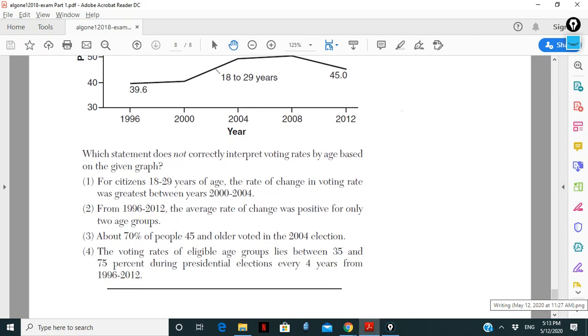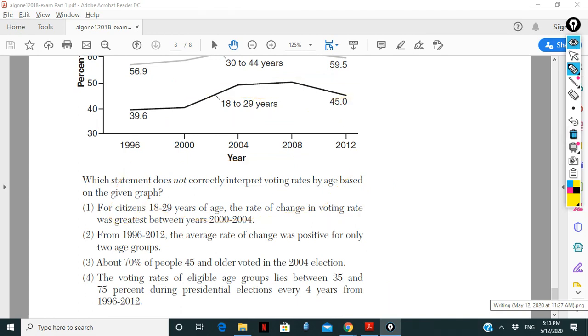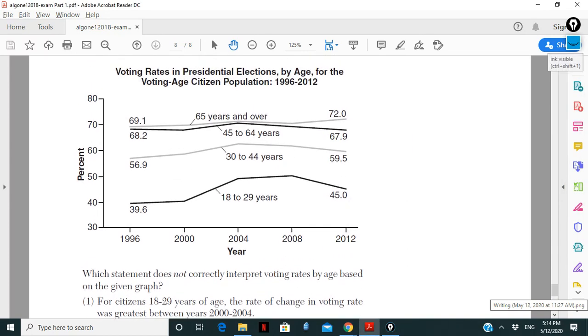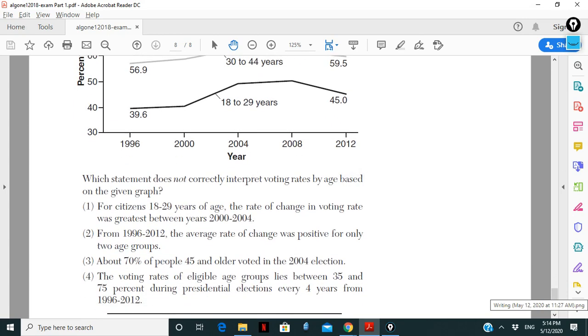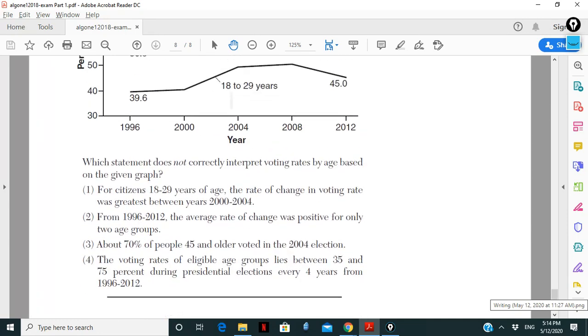Now for about 70% of people 45 and older in 2004. So 2004, it's less than 70. Or maybe 70, I don't know.